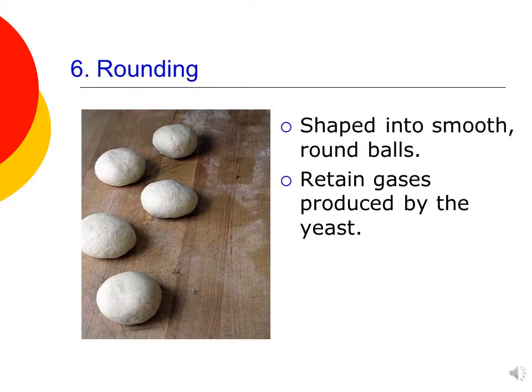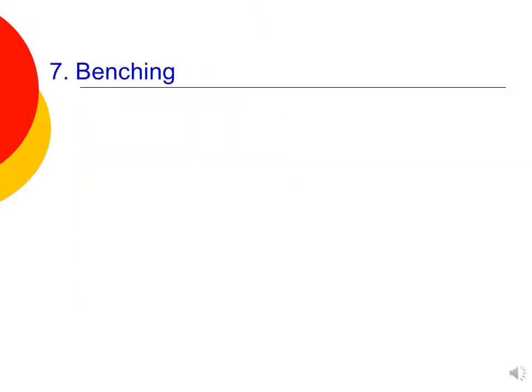Rounding: after scaling, the pieces of dough are shaped into smooth round balls. This procedure forms a kind of skin by stretching the gluten on the outside of the dough into a smooth layer. Rounding simplifies the later shaping of the dough and also helps retain gases produced by the yeast.